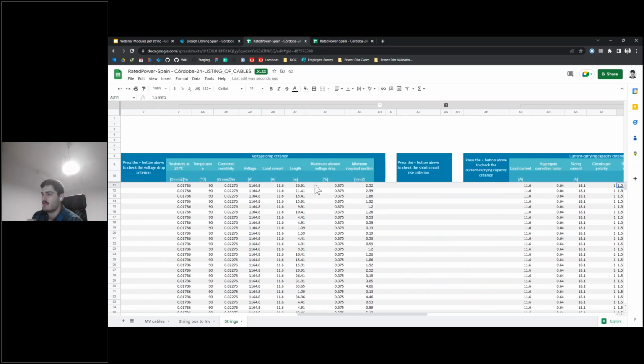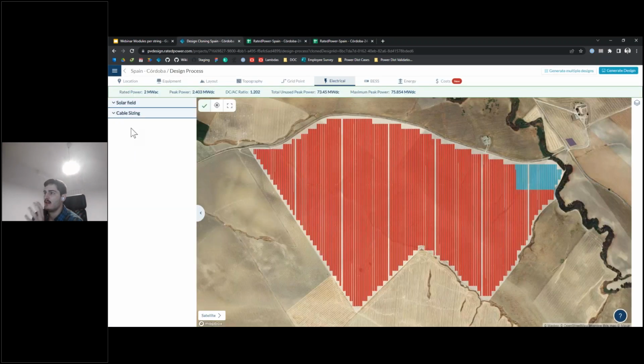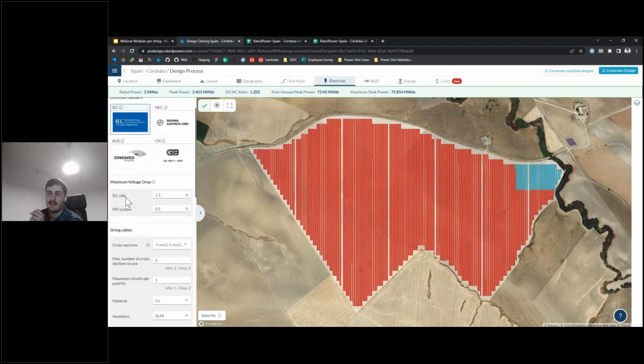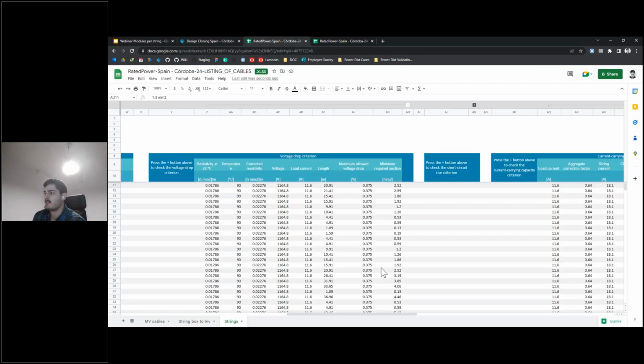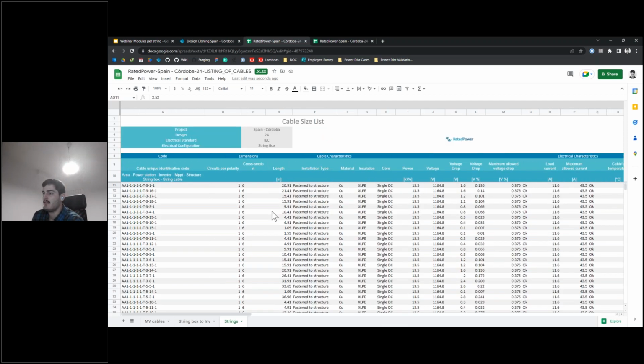And then for the voltage drop, also according to what the user has defined, we are going to divide the DC side into the different levels, like the string cables, also the cables that go from the string box to the inverter, and with that calculate the voltage drop that is accepted for each one of these levels, and also calculate what's the minimum required section for this specific voltage drop that we have defined, and then find the cross section that will for sure respect both criteria.